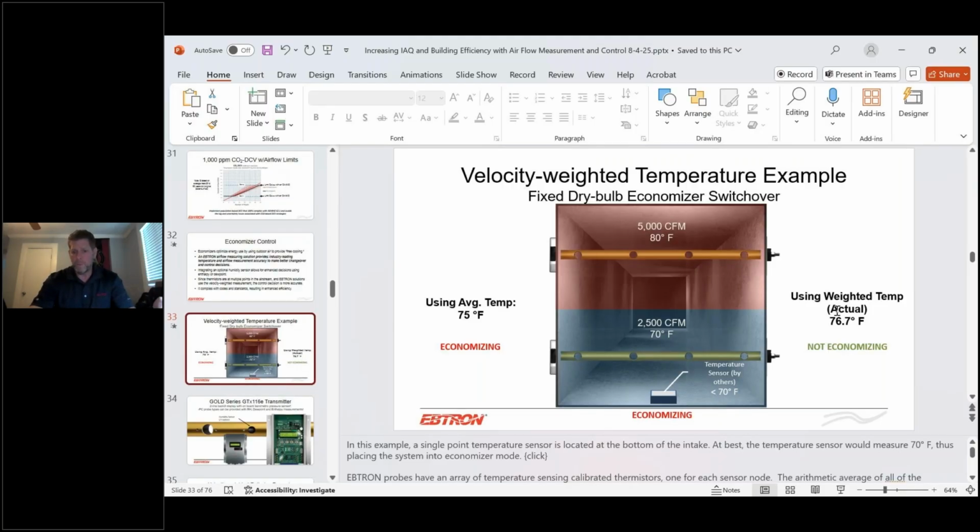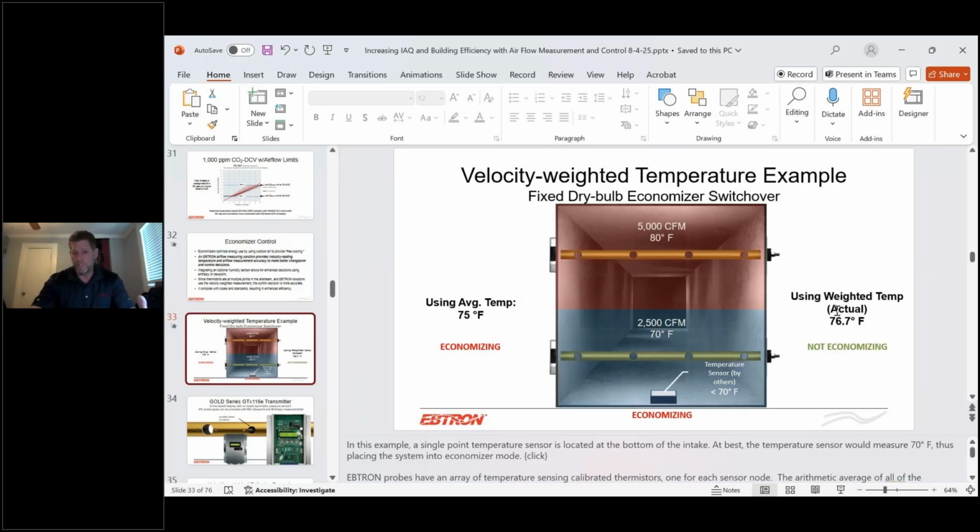If you use an averaging temperature sensor in a duct, that probably won't take into account any kind of stratification or velocity profiles. Utilizing the temperature output from the Ebtron, you're actually able to measure velocity profiles and stratification within a duct, and we provide a weighted temperature output from our transmitter.